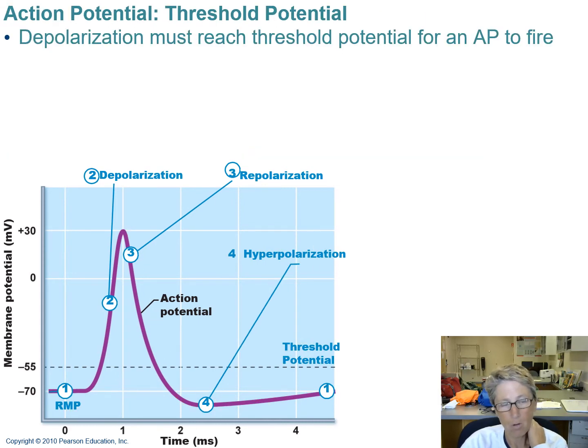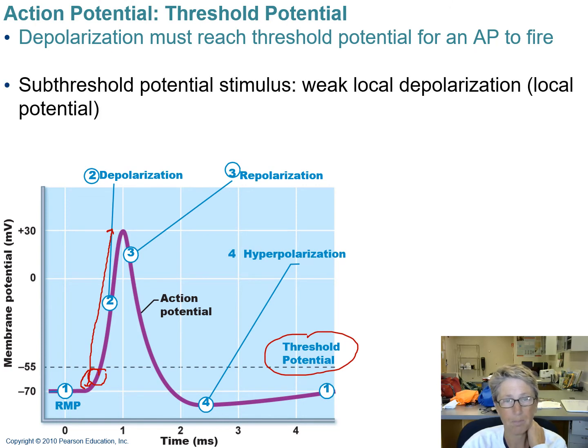And I said this earlier, from here to here, this is all the depolarization phase. But if this initial depolarization doesn't reach threshold potential at -55 millivolts, then you don't fire an action potential. If you don't reach -55 millivolts, that's called a subthreshold stimulus, and they call it a local potential.